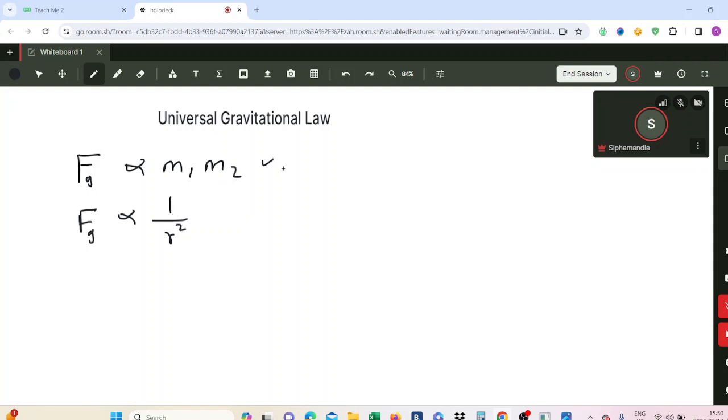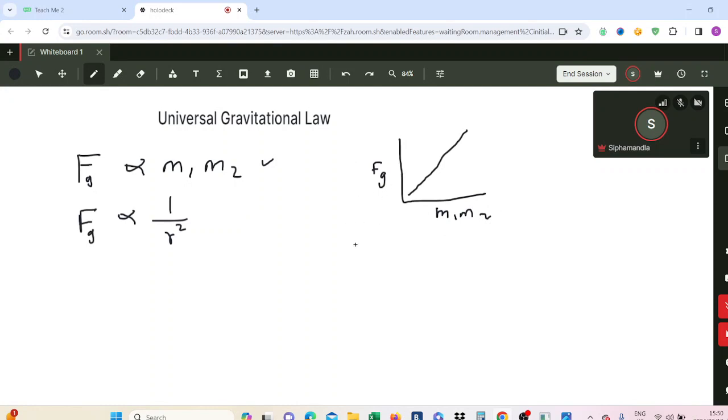So if I plot the graph of Fg versus m1 times m2, I should get a straight line because they are directly proportional. If the gravitational force increases, the product of the masses also increases, and if the product of the masses increases, the gravitational force also increases.